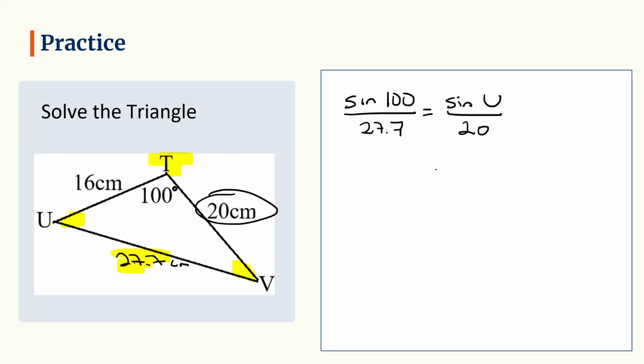And then, just like we were doing with the sine law, we're going to cross multiply. And we're going to get 20 sine 100 equals 27.7 sine U. Divide both sides by that 27.7 number.